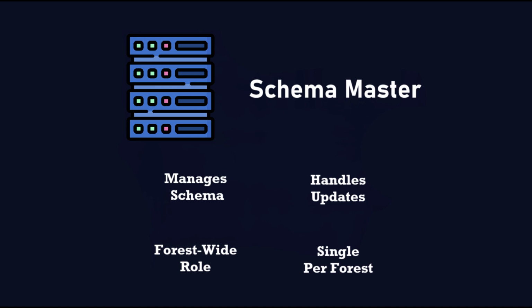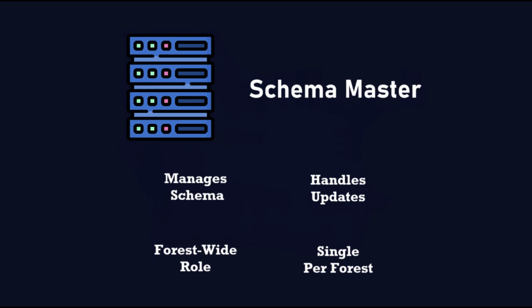These updates are then replicated to all other domain controllers in the forest for domain consistency. Because schema changes are critical and irreversible, they are performed cautiously and typically only when new applications, services, or system upgrades require them.